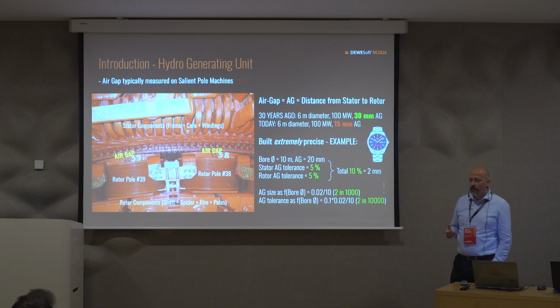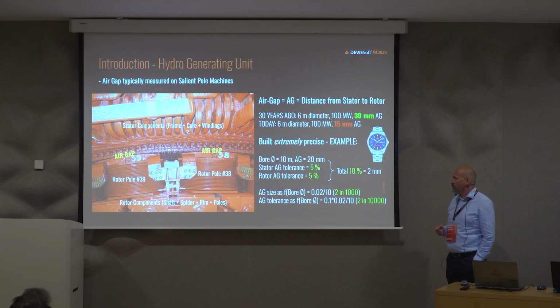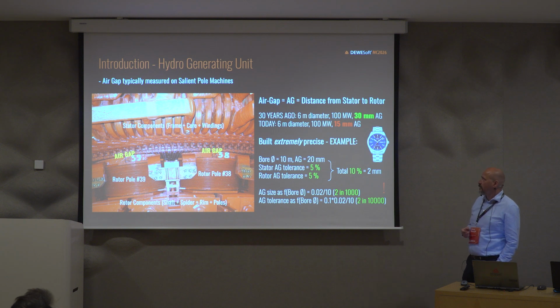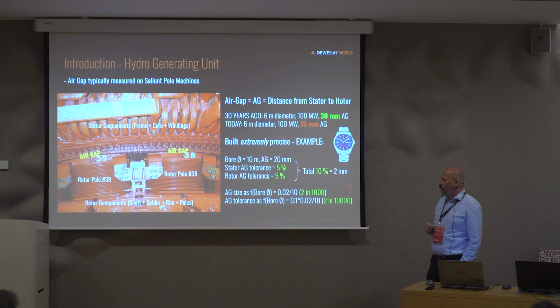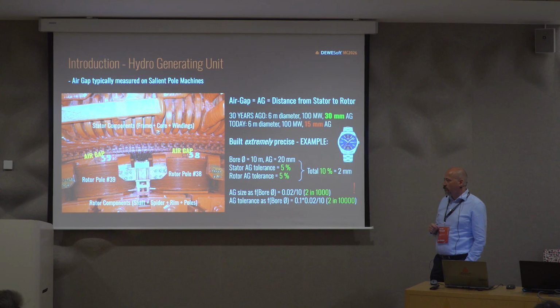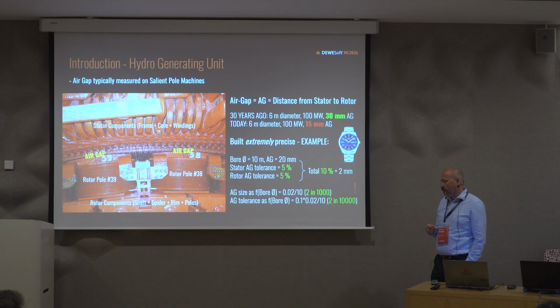And the room for error was, not too much error, of course, but nowadays when you see a unit that has 6 meters and 100 megawatts, the air gap is reduced. And the more error you introduce, usually during the manufacturing or assembly stage of the unit, the more problems you might have.